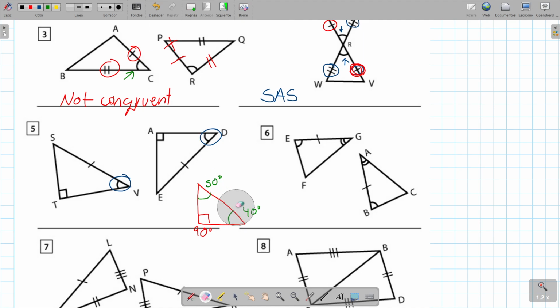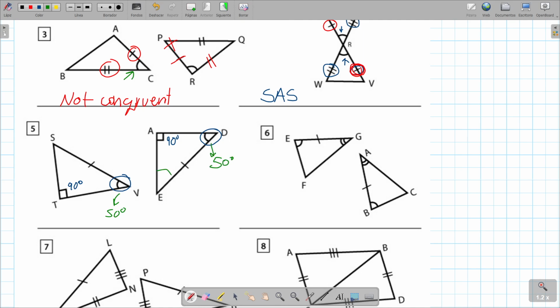So just to make clear, this triangle is telling me this is 90 degrees and this is 90 degrees. Let's suppose this angle is 50 degrees.